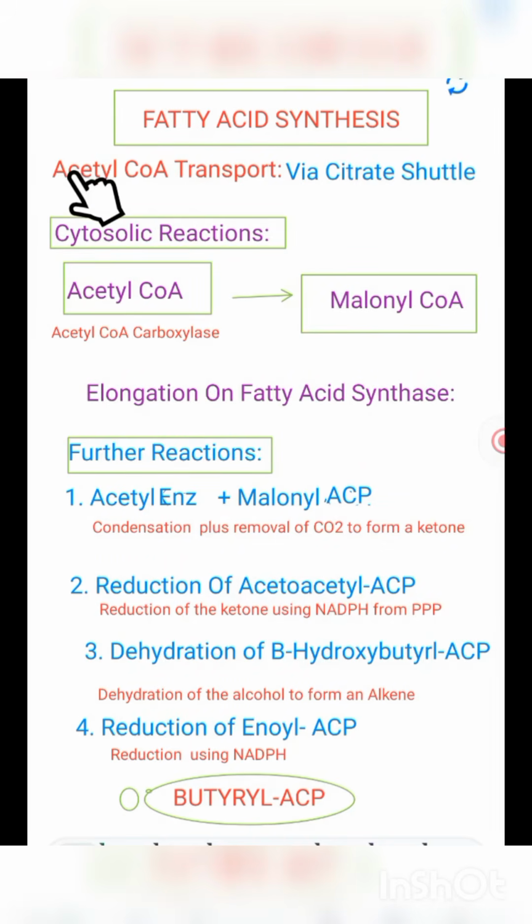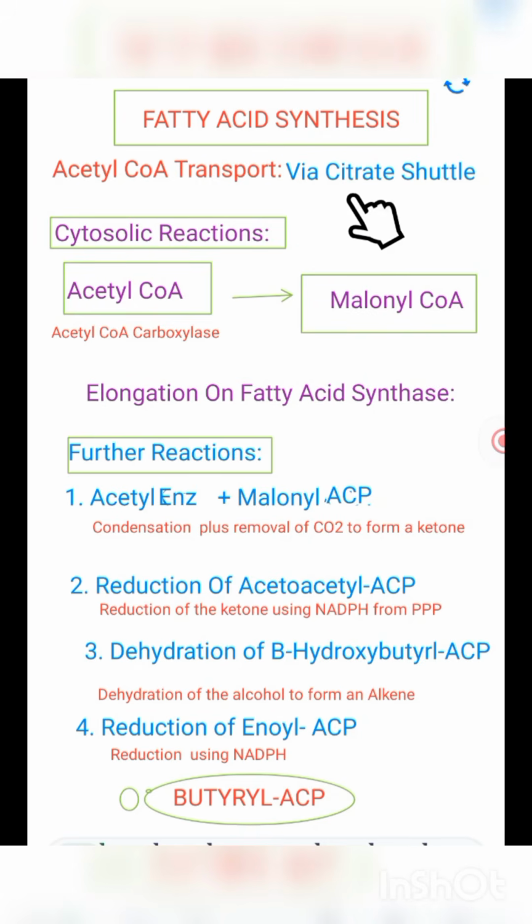So, acetyl-CoA is converted to citrate, and then citrate is moved out of the mitochondria into the cytosol. And once in the cytosol, we know that citrate can be broken down by citrate lyase to recover our acetyl-CoA and also produce oxaloacetate.